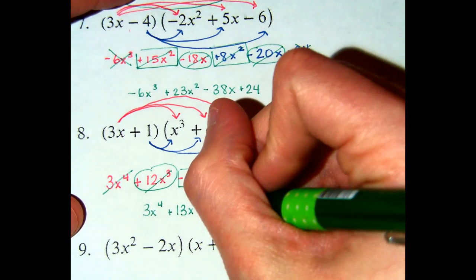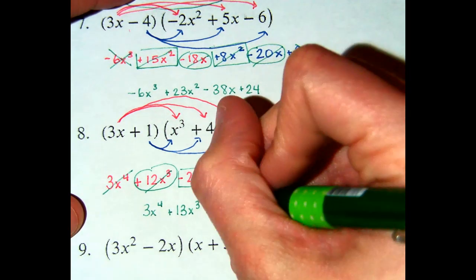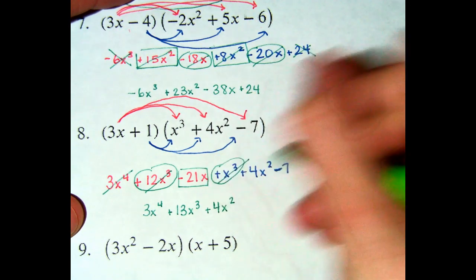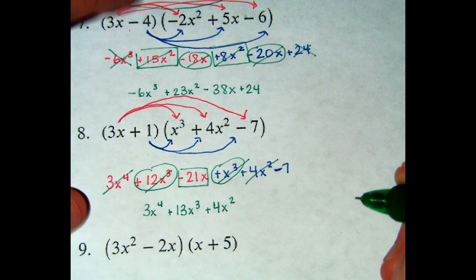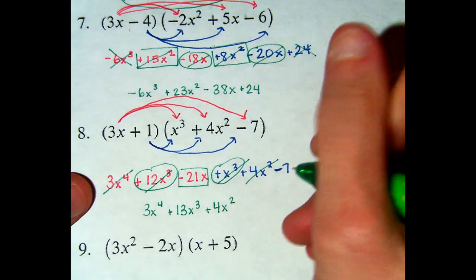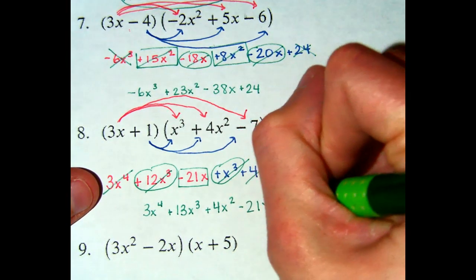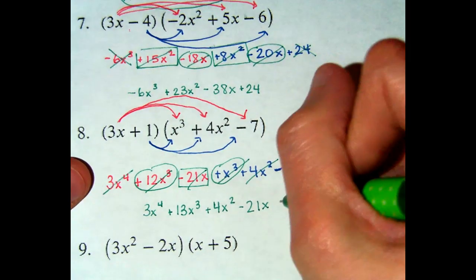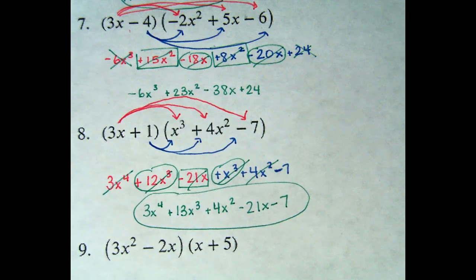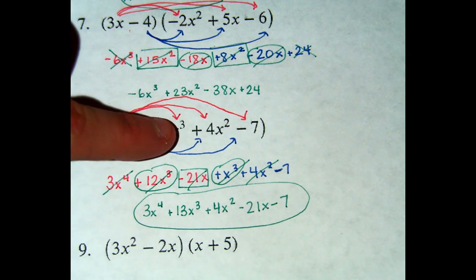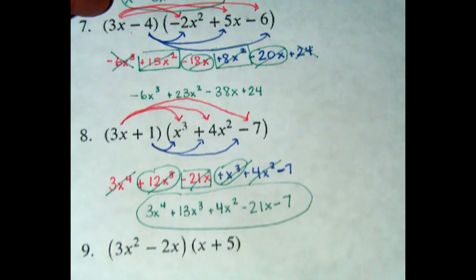Okay, I bring negative, is it negative? No. Positive 4x squared down. How come I bring it down before I bring down the negative 21x? It's got the exponent of 2. Alright, what do I do with negative 21x? What else? So it only had one set of like terms there. That's because we started with x to the third instead of x squared.